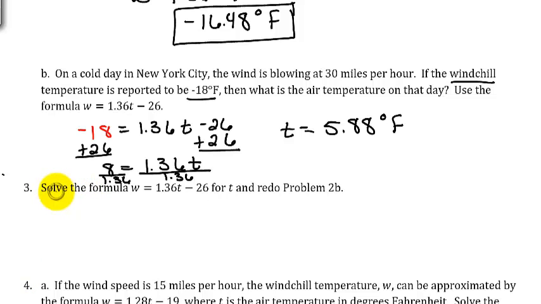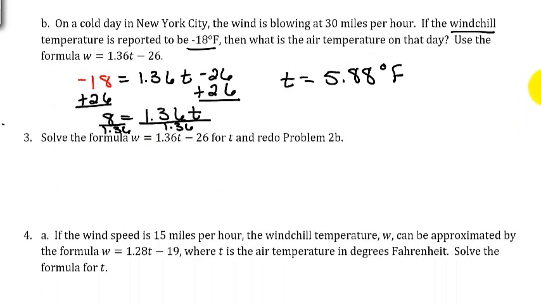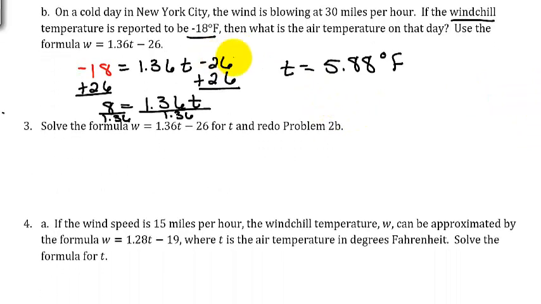So now in the next problem, we want to solve the formula for the wind chill for T and redo problem 2. So 2b. So we're going to redo this problem after we solve this equation for T. So we have W equals 1.36T minus 26. And to solve this for T, we want to isolate the T. So I have to get rid of the 26.